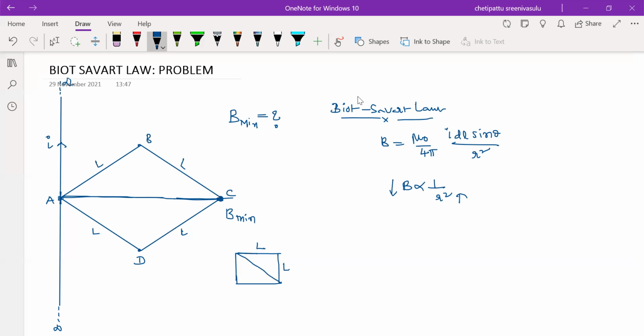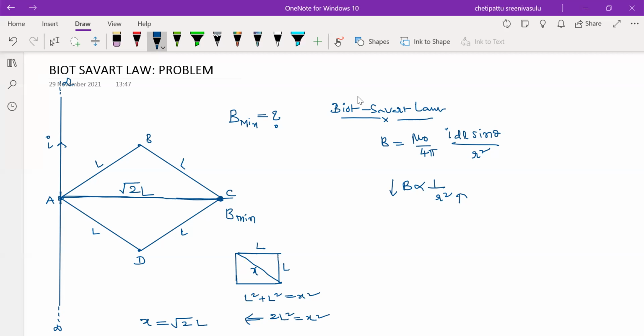Sum of the side squares equals hypotenuse square. Assume as x, this is x square. This is 2L square equals x square. If you want the x value, x equals root 2 L will come. So the perpendicular distance is root 2 L.